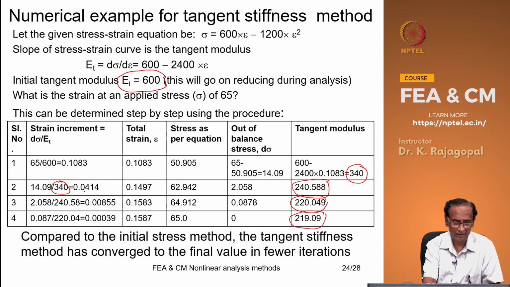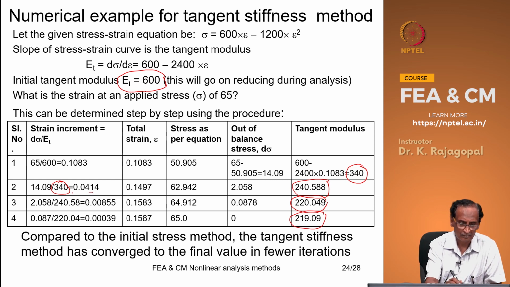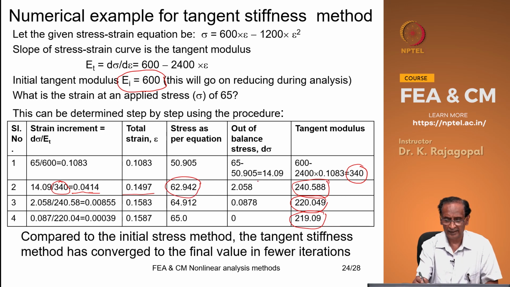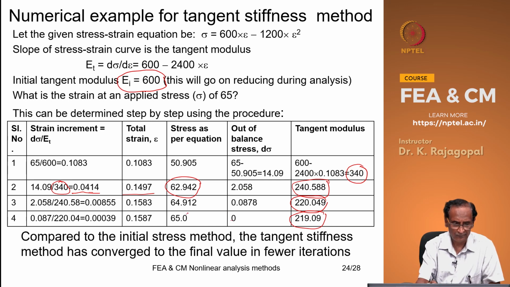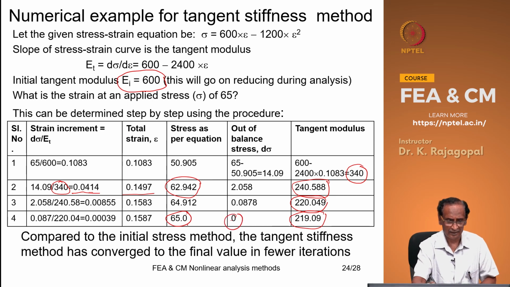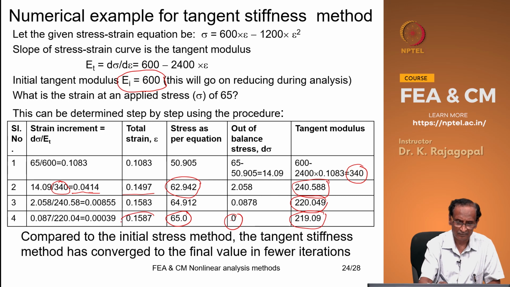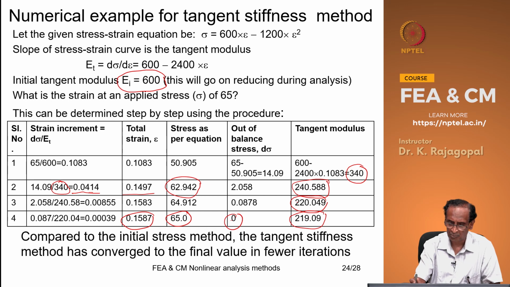So our strain increment is this, and our total strain is this, and our stress is 62.94, and the out of balance stress is 2. And you see at the end of the fourth iteration, we are able to reach a stress of 65, and the converged strain state of 0.1587. Once you see that there is no out of balance force, we can simply stop.